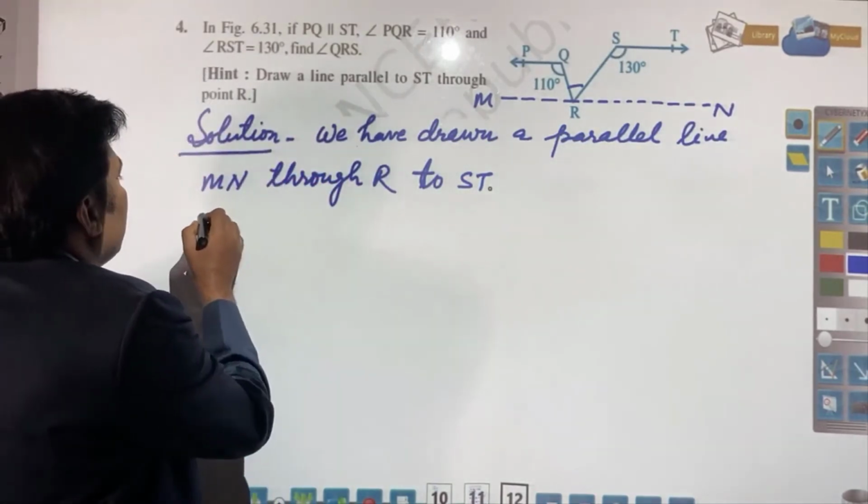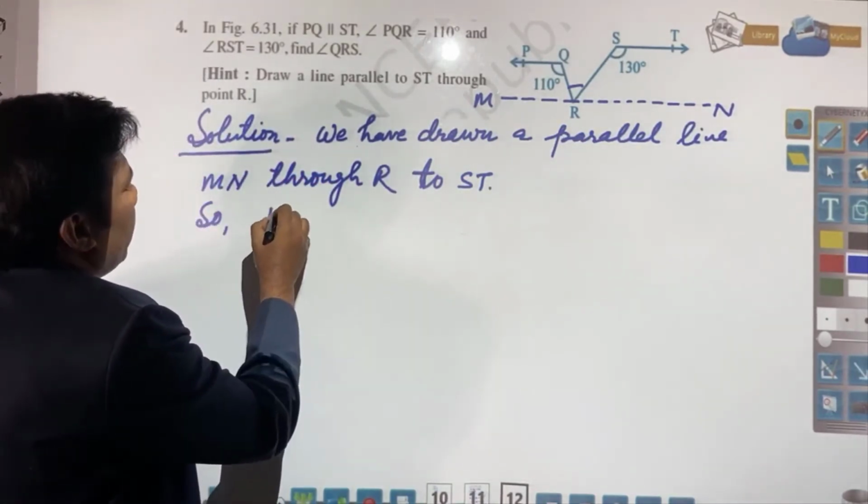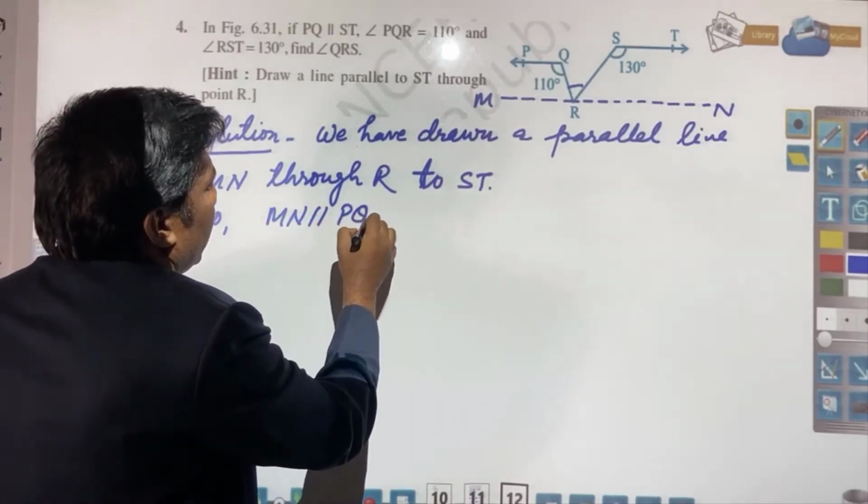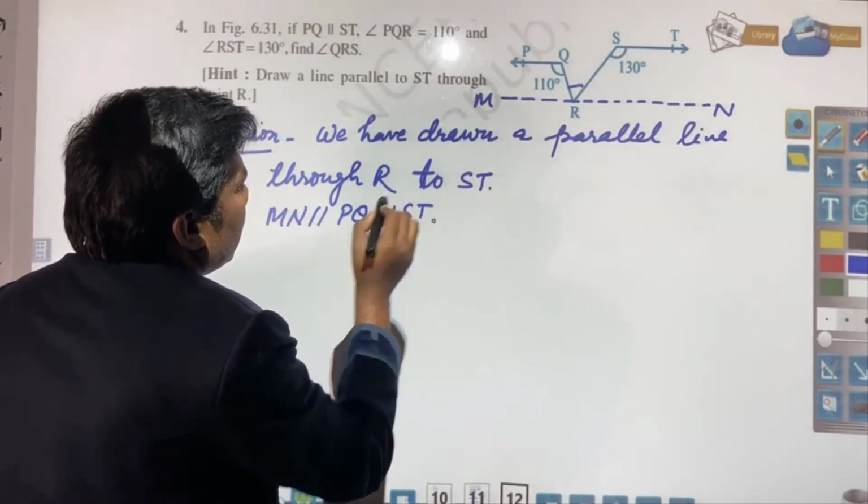So MN will be parallel to PQ and that is parallel to ST.